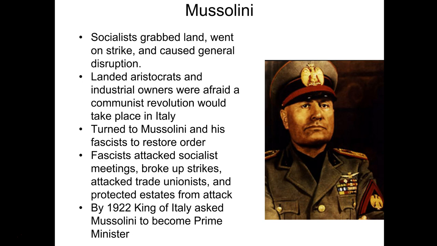So they become a de facto private army, targeting specifically these socialists that they are afraid will cause a violent revolution. And Mussolini is so effective in putting down these socialist uprisings or strikes that by 1922 the king asks him to become the prime minister.